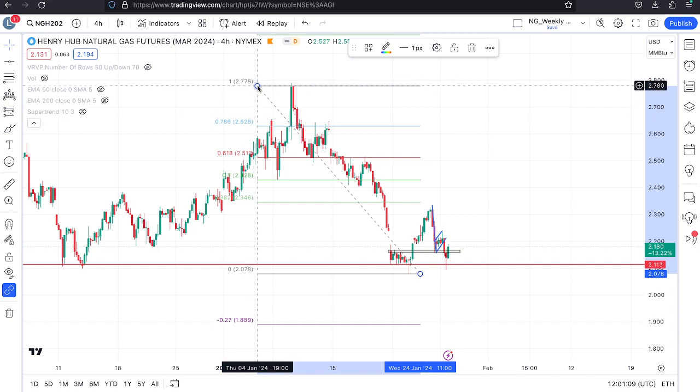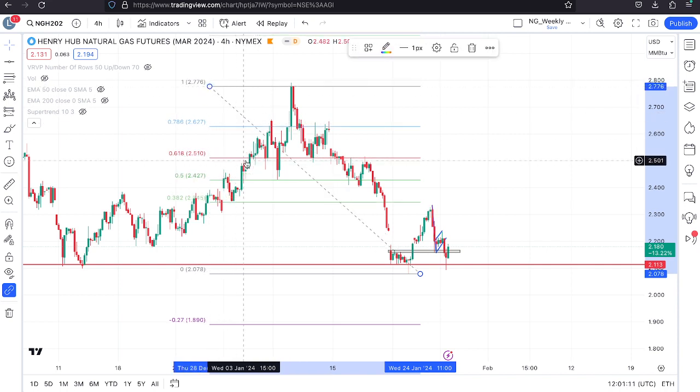Whenever it's taking support, look at that, nice support, touches, pushes back up, tries to break down, next candle straight up, tries to stay below the PRZ, then breaks down, rejects, and there you go. So it's nice. Now at the moment it has become a resistance.